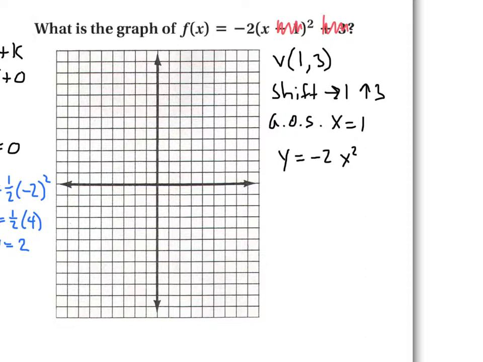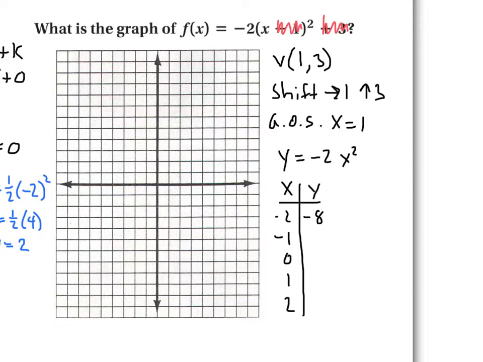So I have y equals negative 2 times x squared, and then I make my t-chart. I take my x values of negative 2, negative 1, 0, 1, and 2, and plug those in. Negative 2 squared gives me positive 4. Positive 4 times negative 2, negative 8.